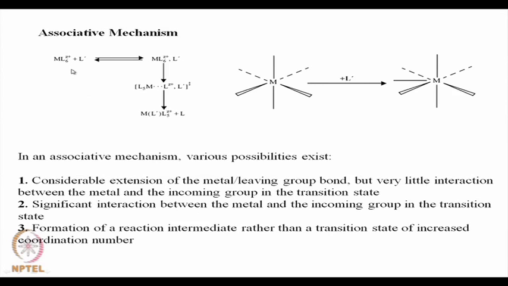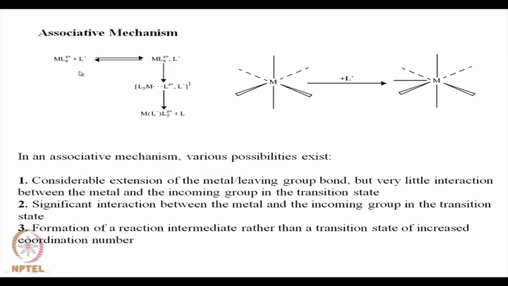The next case is an associative mechanism, the other way. All 6 ligands remain there, then the 7th ligand comes in, and the coordination number increases from 6 to 7, giving a pentagonal bipyramidal shape from the octahedron.